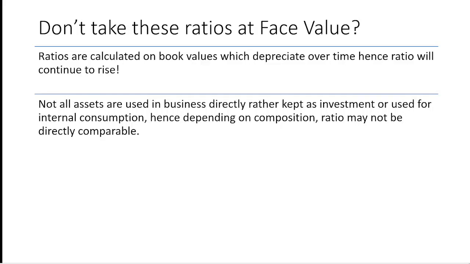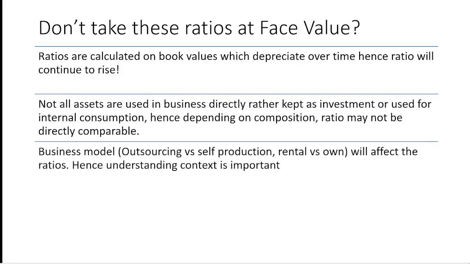So depending on the composition, the ratios may not be directly comparable between different companies. So you might have to understand why the company's return on assets is lower, how they are using the assets, and what the rationale is for acquiring the assets when the income is not increasing. So there are other methods compared to just the financial returns on the asset acquisition.